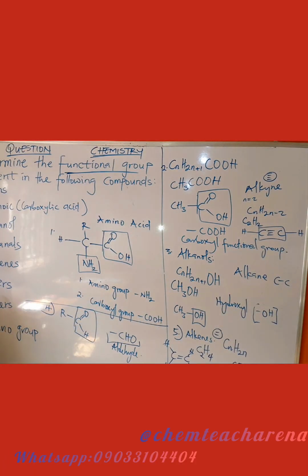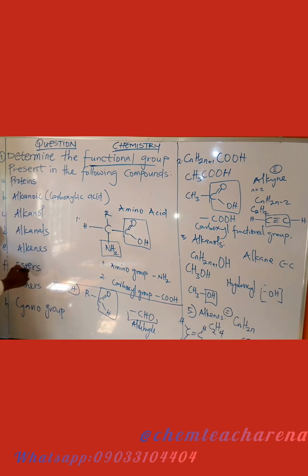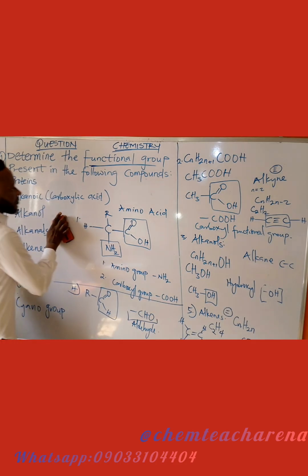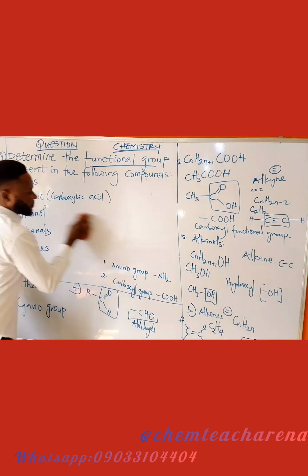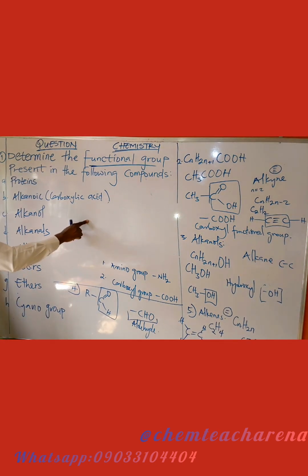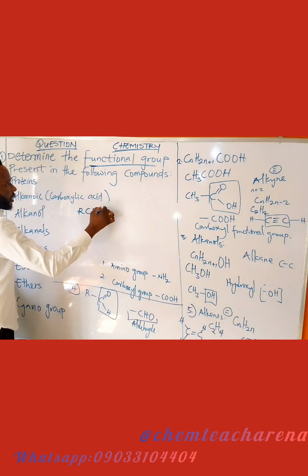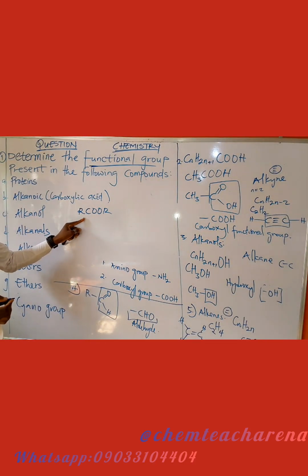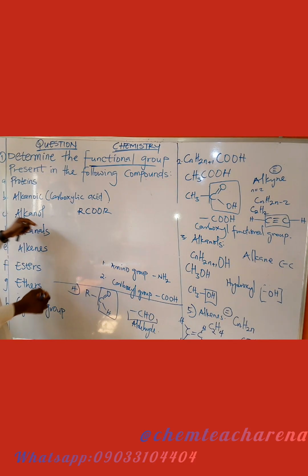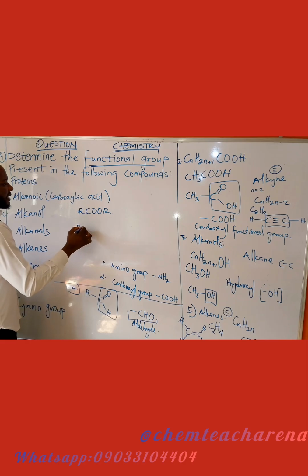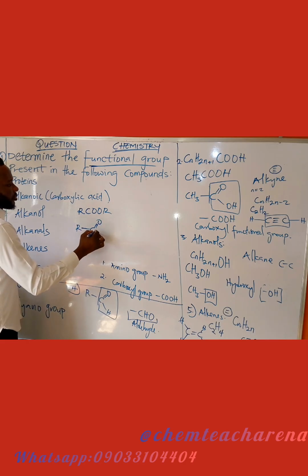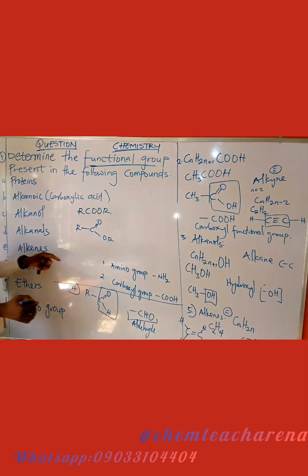For esters, let me quickly do ester, which is number 6. For ester, we have ROCOOR. This is the functional group for ester, which you can rewrite as C double bond O, bond O, R. So this is the same thing.